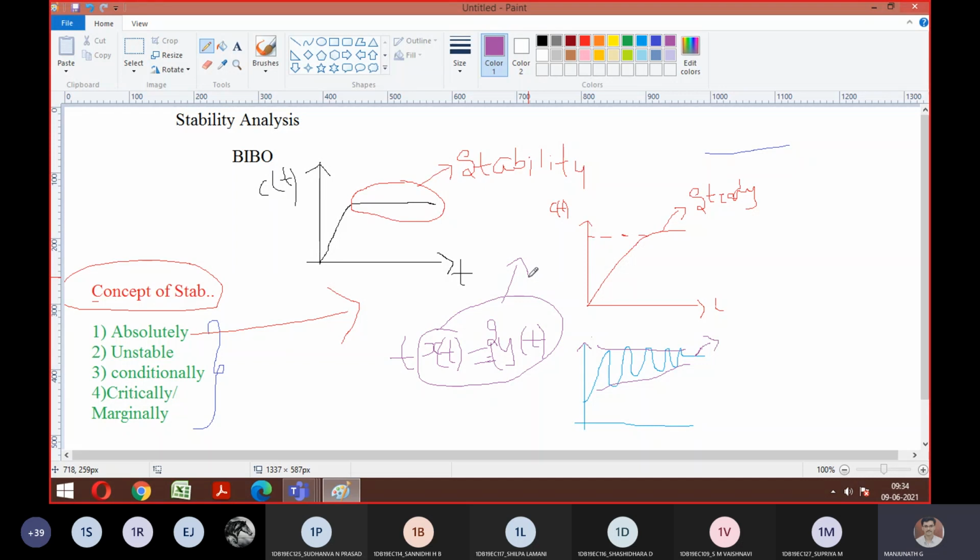In the absence of input, the output must tend to 0 irrespective of initial conditions.